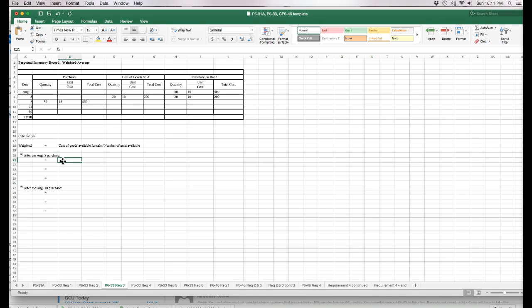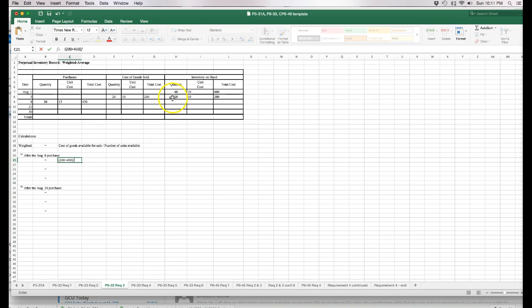We see here that we had a total cost of $200, and then we have more that we purchased for $450. These are the cost of goods that are available for sale. So we add those two amounts, the 200, let me put parentheses around there, plus 450, and then we divide that by the number of units that are available.